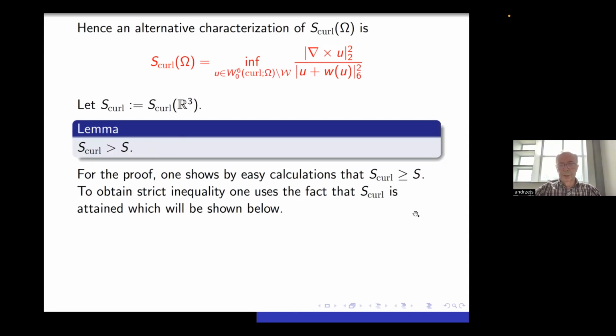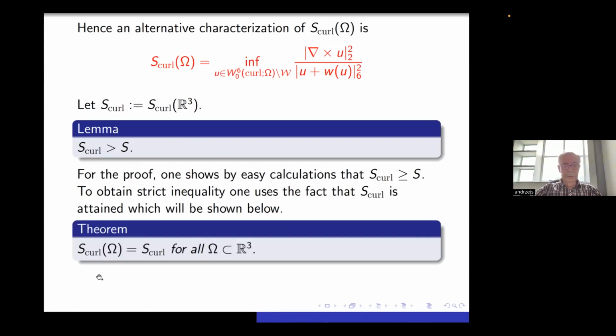And now to obtain the strict inequality, one shows that S curl is attained, and the function attaining S curl cannot be an instanton. So S curl is strictly bigger than S.